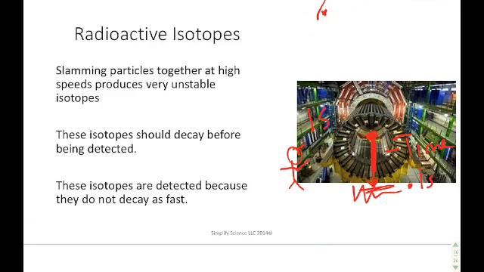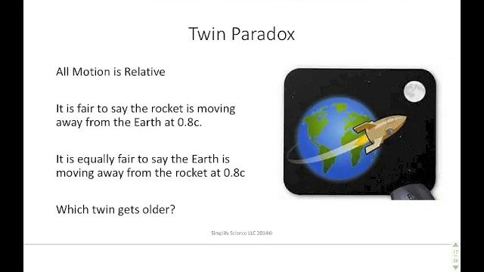And that brings us to the idea of the twin paradox. We have the idea that all motion is relative. So it is fair to say that, hey, I'm on Earth and I have sent a twin on a spaceship and they're going to some solar system, let's say Alpha Centauri and back, and they move at 0.8 c. Because all motion is relative, it is fair to say that the rocket is moving away from Earth at 0.8 c.